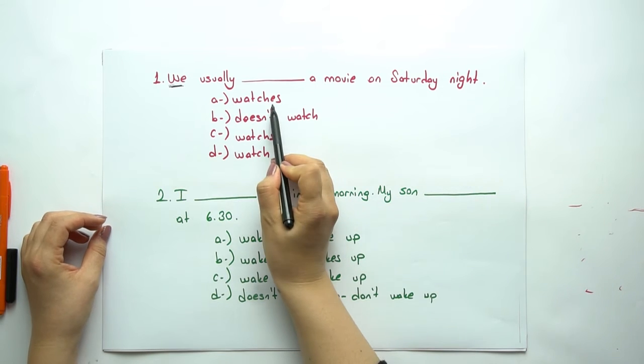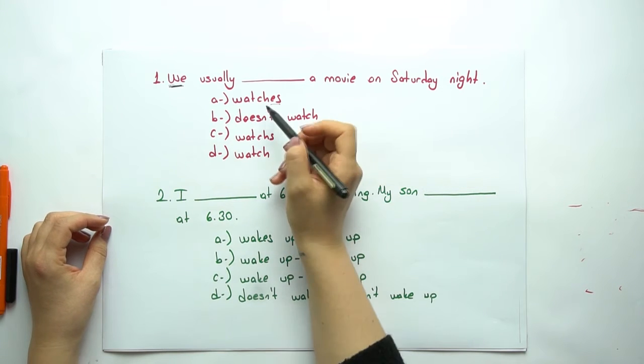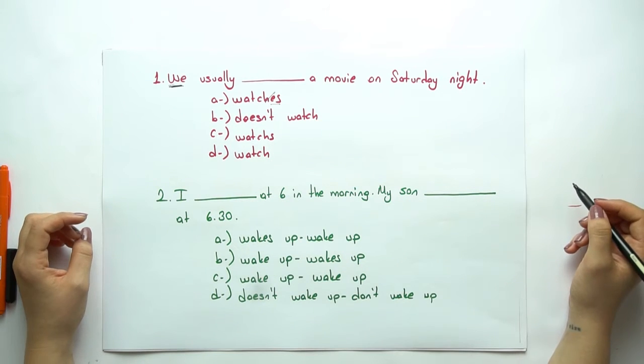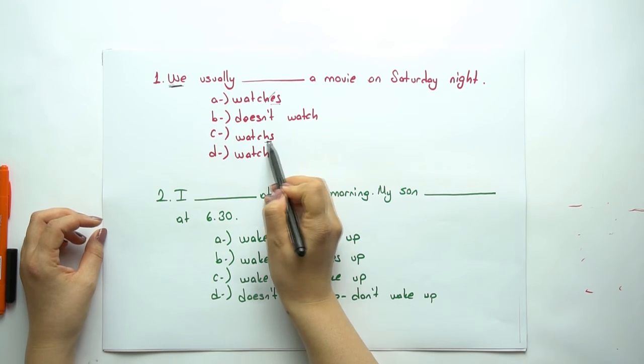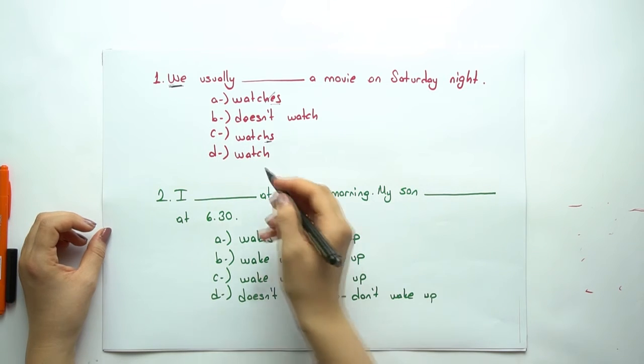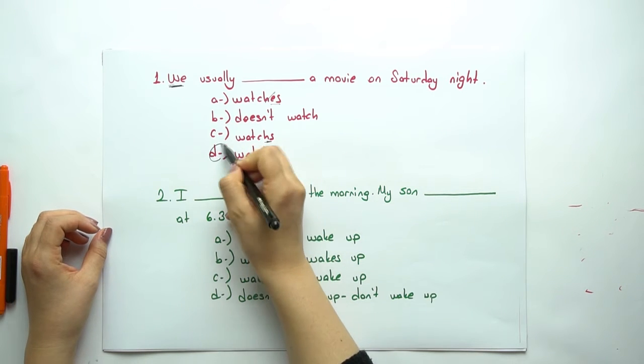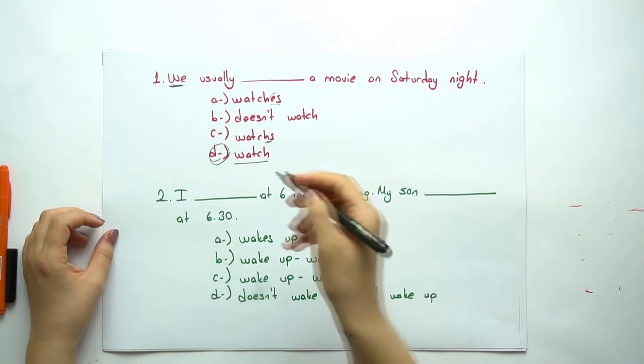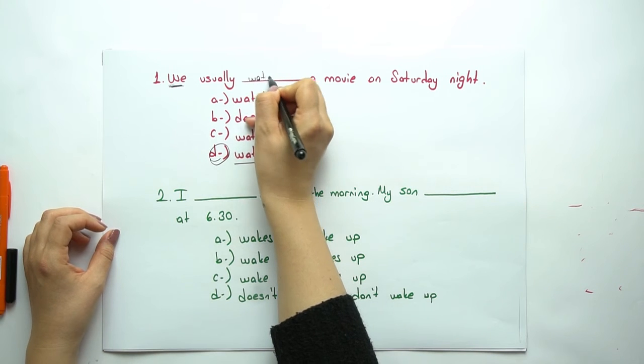So, can we say watches? Of course not. So, for B, doesn't watch, we can't use doesn't watch either. C, it is not even correct for grammar, okay? And last one is watch. The answer should be watch for this one.